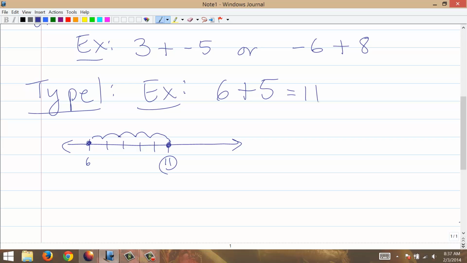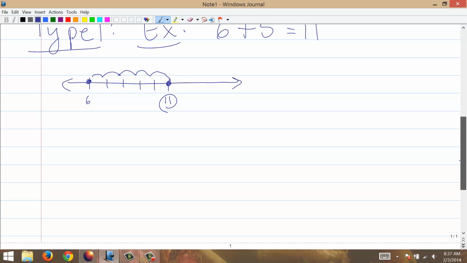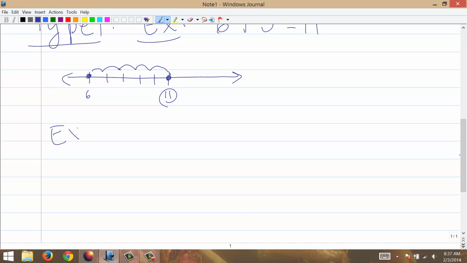Well, the good thing is, even if the two numbers are negative, kind of the same technique works. So, for example, if we're looking at negative 5 plus negative 3, then since they're the same sign, we more or less just ignore the signs, add them like we would normally, but then attach the negative sign to the answer.